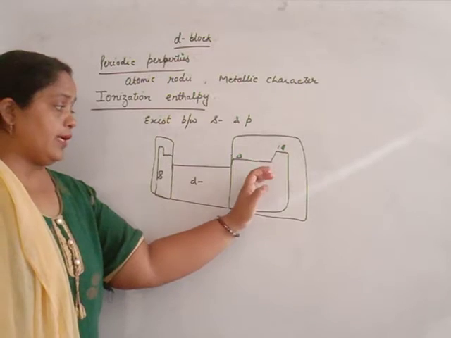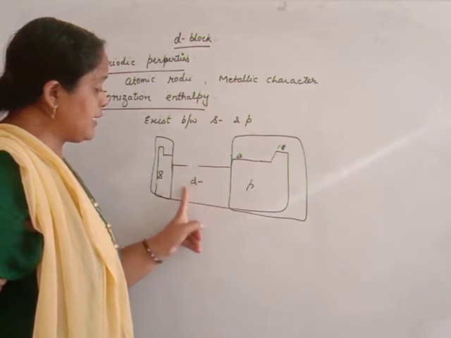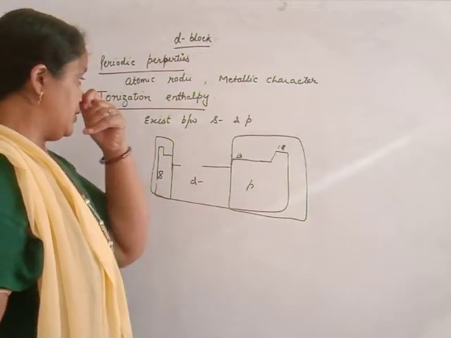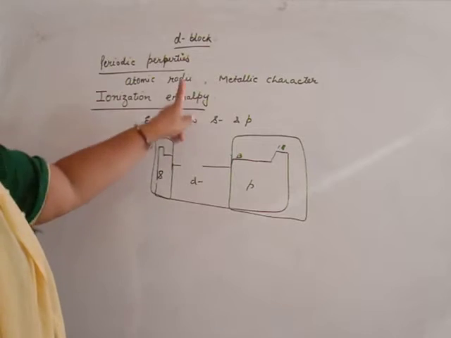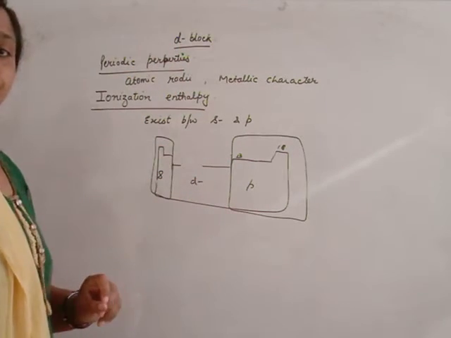And p block elements are smaller than d block, so d block elements have less ionization energy than p block elements. So we can say the ionization energy of d block elements exists between s and p block elements.